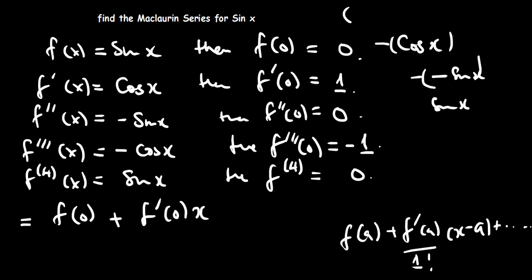But now we've replaced our a with 0. Where there's a, when we place 0 there, we just have x minus 0, and we just get x remaining.